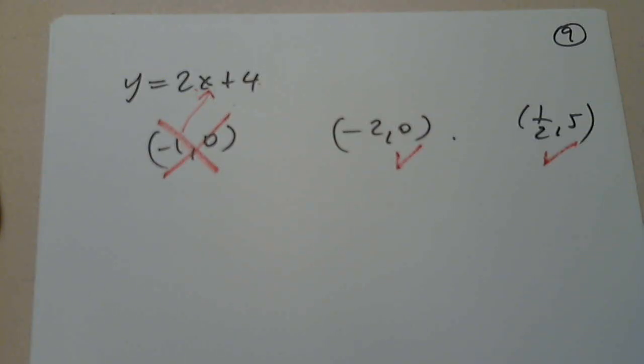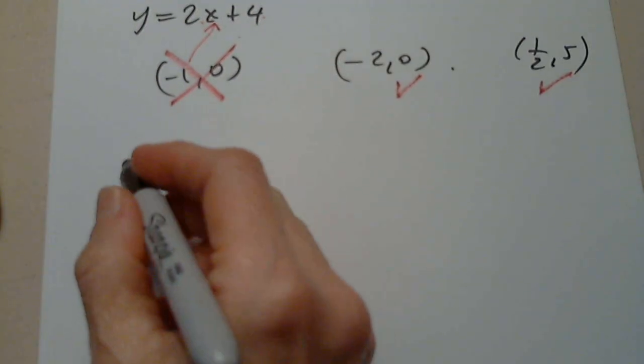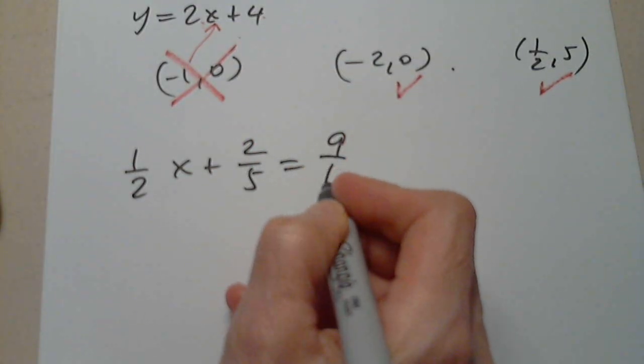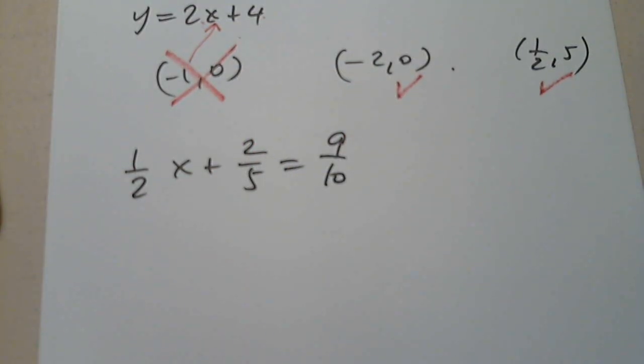Is there anything else that you would like to ask? Maybe you want to review some more graphing, some more solving equations. Any other problem that you can think of? Okay, here's one. 1/2 x plus 2/5 equals 9/10. So let's think about this one for a minute.